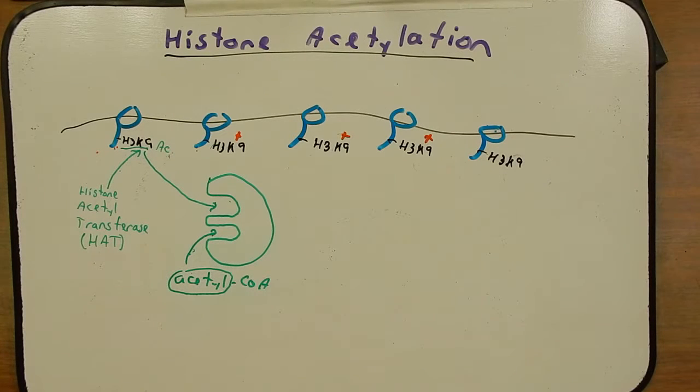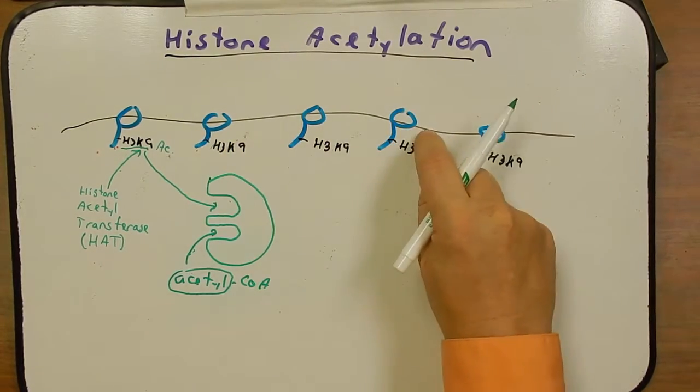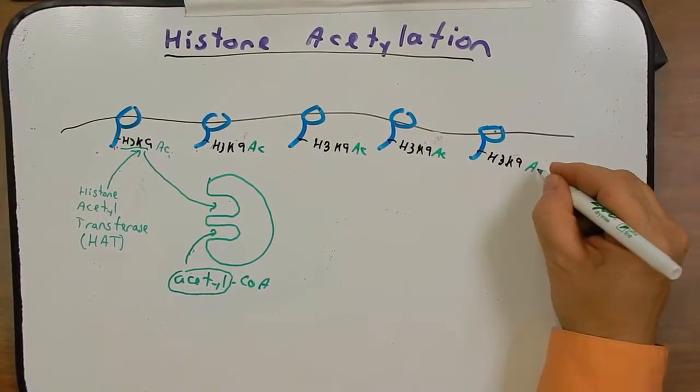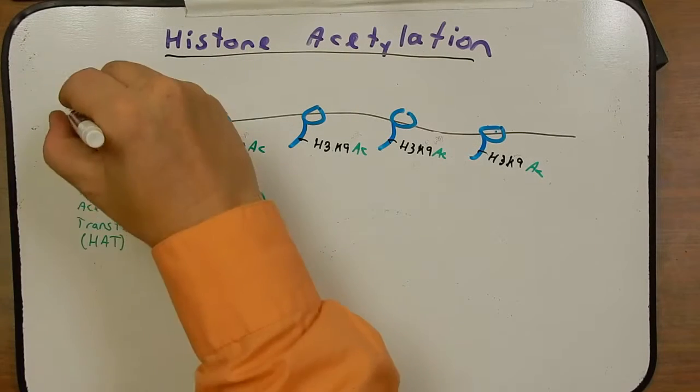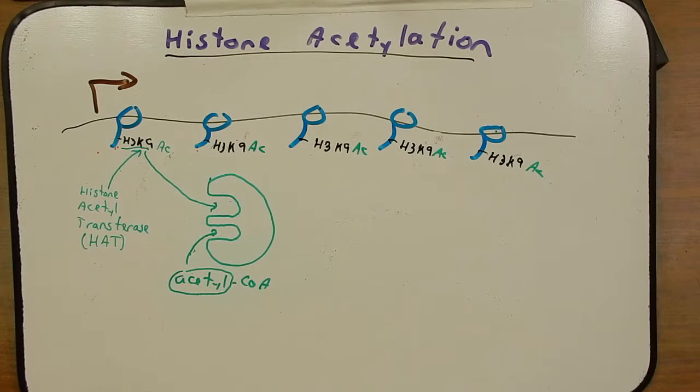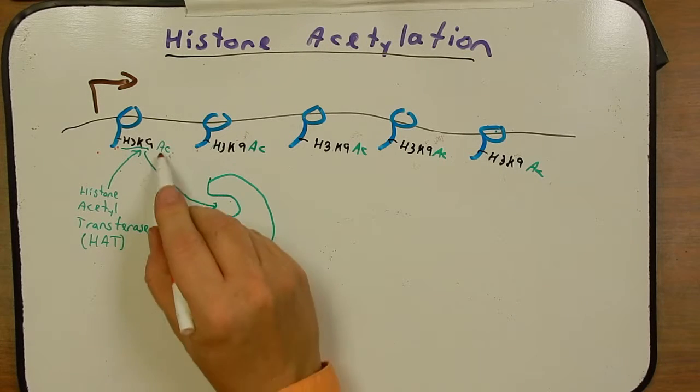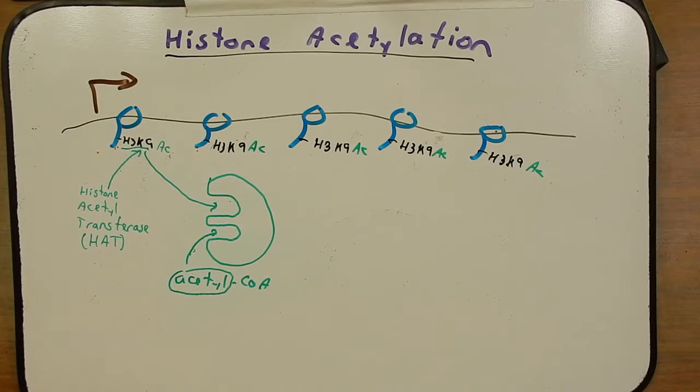Now, once we've added acetyl groups to each of these, and gene transcription is now cruising along, there has to be a mechanism set in place to be able to turn these genes off. And one of the mechanisms involved is removing the acetyl groups here. Now, as you're learning throughout the semester, it's not just the act of adding one acetyl group that turns this gene on.